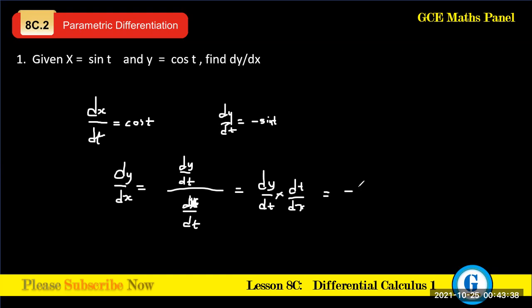It is negative sine t divided by dx dt, which is cos t. So this will finally give us negative tan t, since sine t on cos t is equal to tan t.